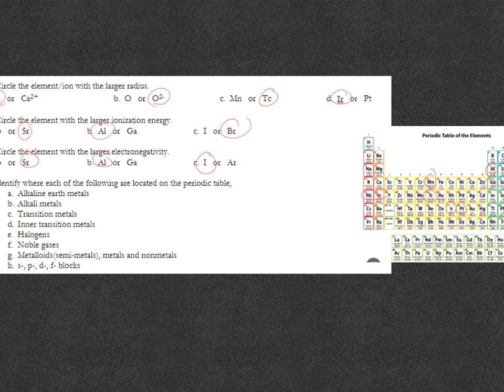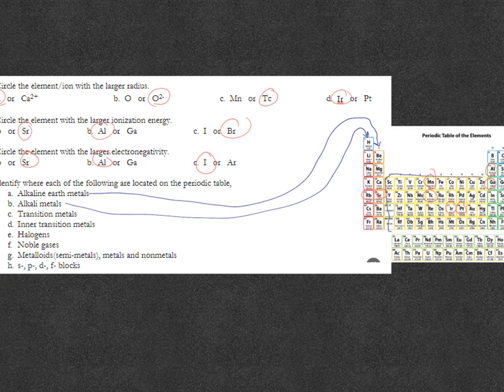427, make sure you know the different parts of the periodic table. So alkaline earth, I'm just going to draw arrows for this. Your alkaline earth is group 2. Your alkali is group 1. Your transition metals is this section right here, which is also the D block.